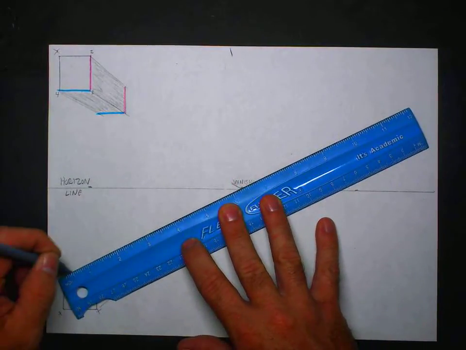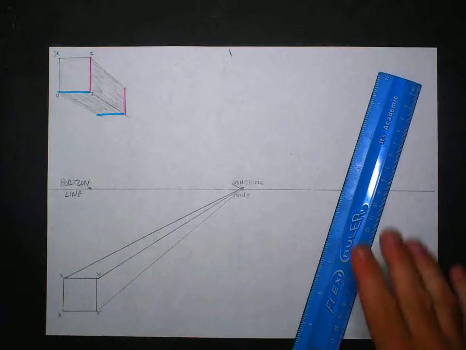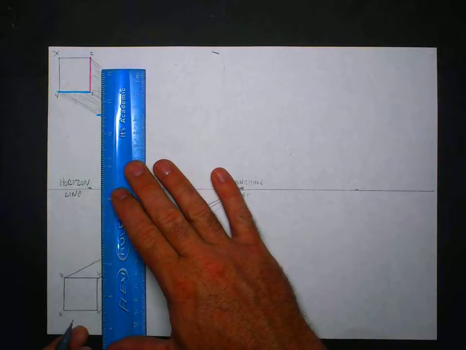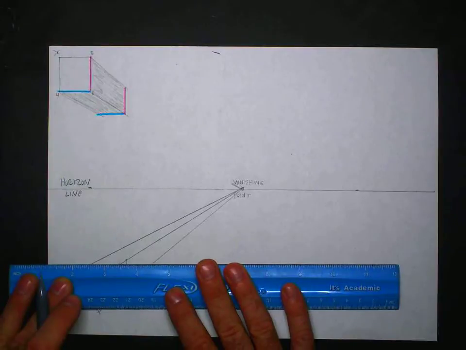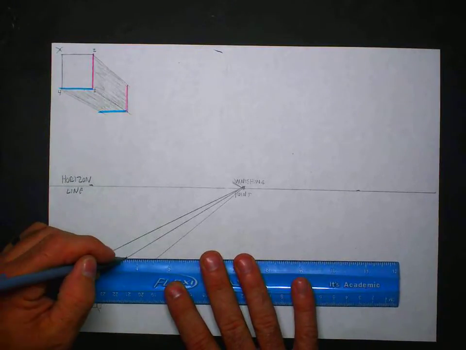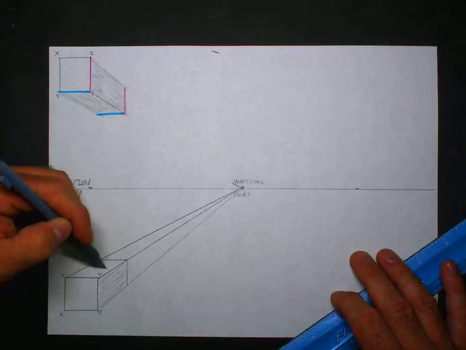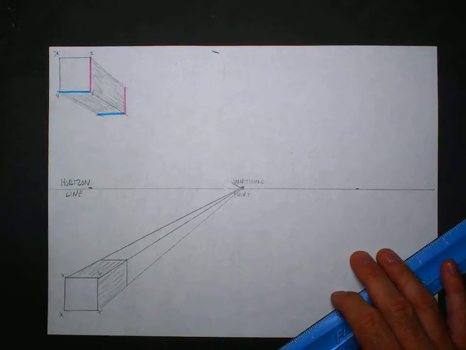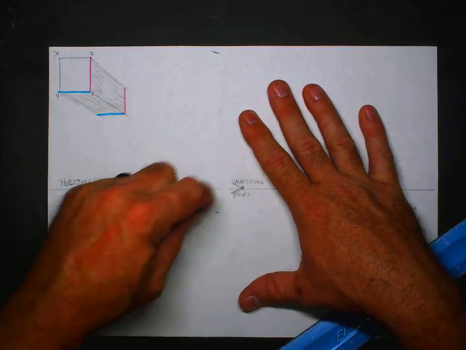Figure out which corner you can't use. Parallel lines. What do we do with lines we don't need? Get rid of them. Tell them to get out of here.